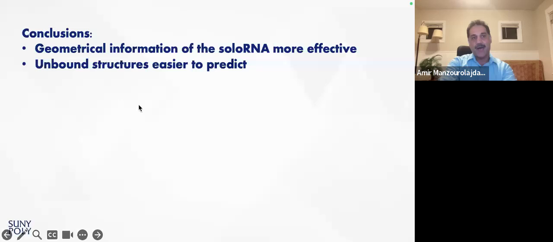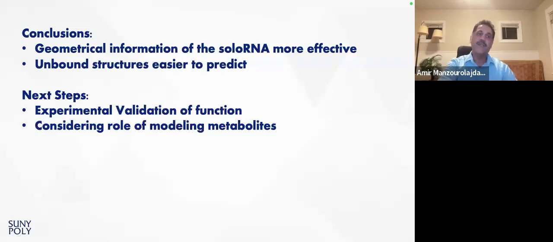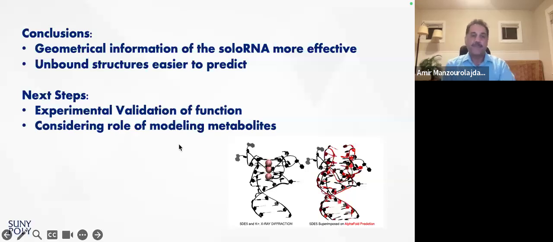We also learned that unbound structures are easier to predict, but the bound structures have more complication, which we're currently working on. So in our next step, we are interested in experimental validation of some of our predictions that are very close, as well as improving our models by applying different mathematical techniques or different combinatorial techniques to combine information, as well as considering other biological factors such as metabolites.